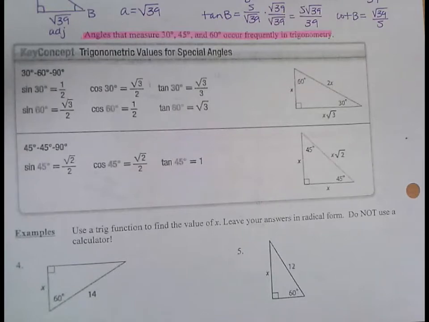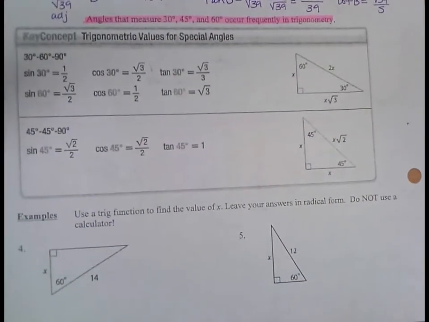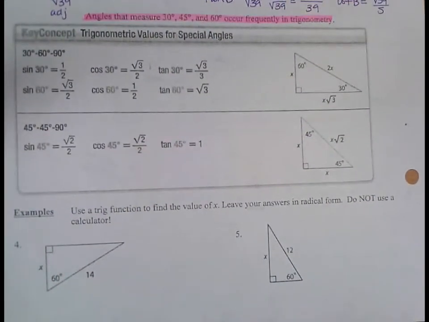We're going to be covering what's called the unit circle, and that's really focusing on these special angle measures. You may remember from geometry special right triangles. So there's 30, 60, 90 right triangles, and there's 45, 45, 90 right triangles. So still tying in with those frequently occurring angle measures.